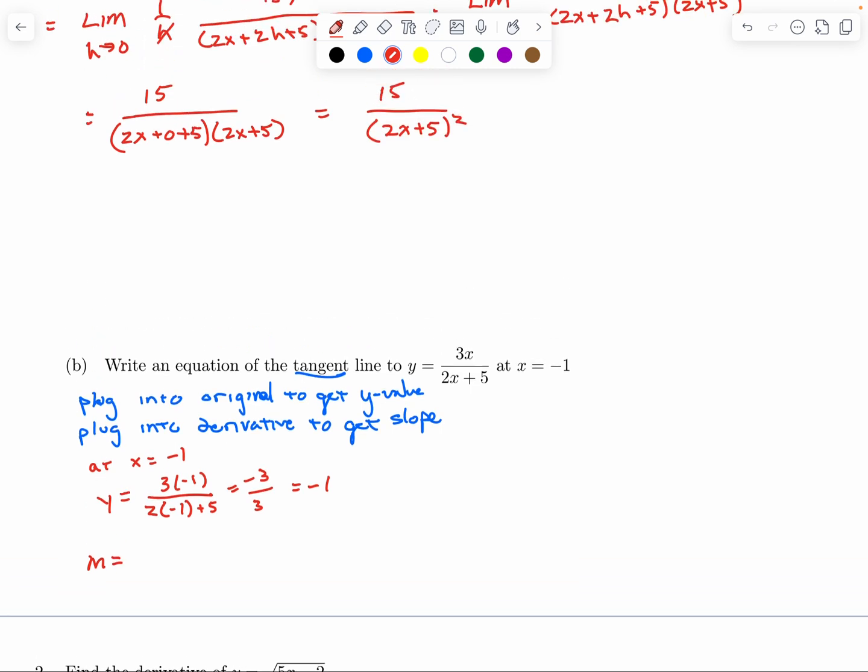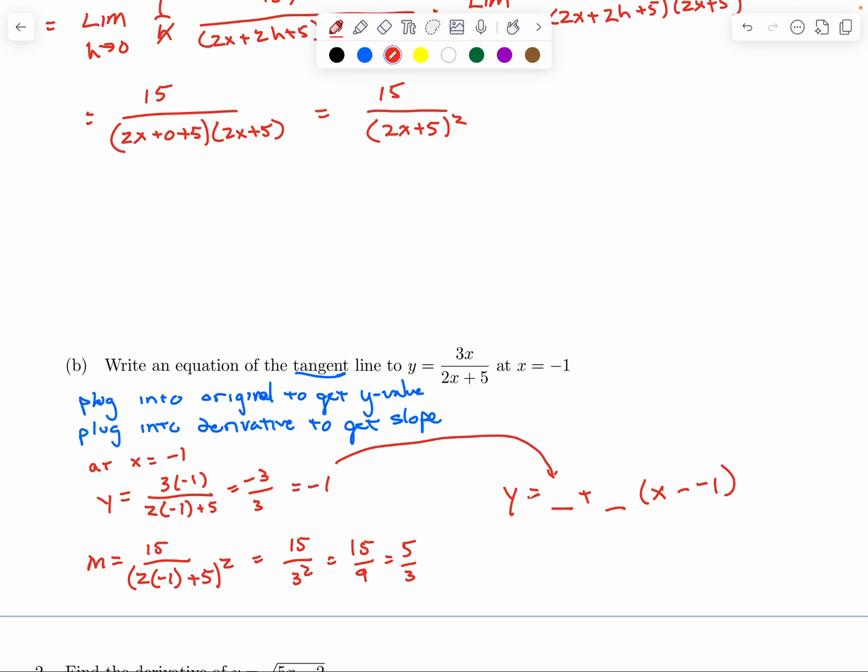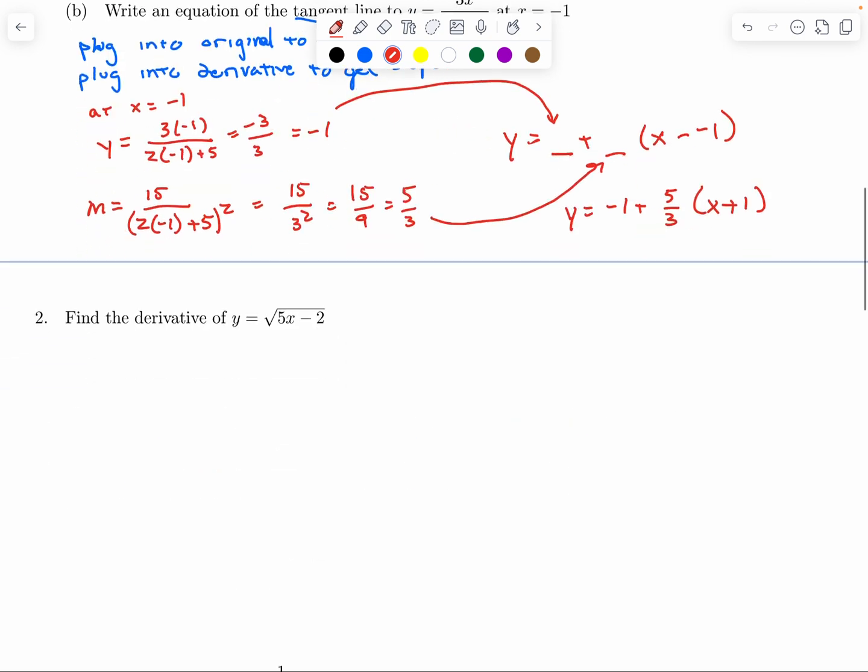And then what was the derivative? Oh yeah, 15 over 2x plus 5 squared. Okay, so the x goes near y, the slope goes near the parentheses. And minus 1 is plus 1.